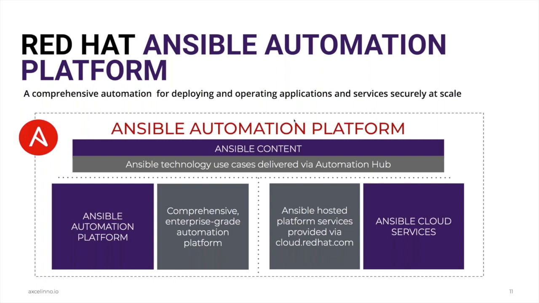The other piece is the Ansible Cloud Services. This allows you to do some other things. It allows you to build those libraries, but also start to get insight into what has been automated within your infrastructure. How often is it being used? What are the failure rates? It's not monitoring in terms of whether this infrastructure is up and running.